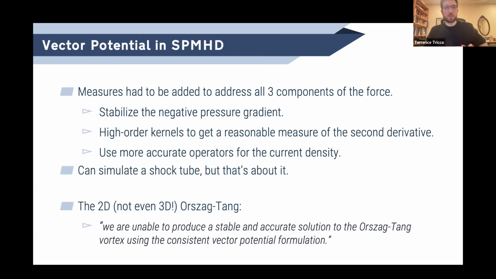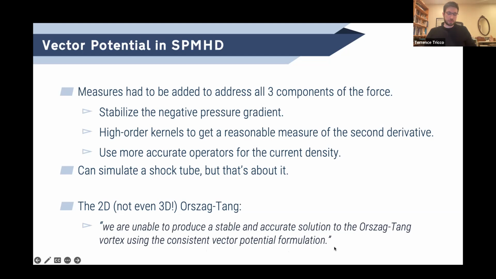So in order to make any headway, Daniel had to address all 3 components of the force. He had to stabilize the negative pressure gradient, had to use high order kernels to get a reasonable measure of the second derivative, had to use more accurate operators for the current density. He could simulate a shock tube, but that's about it. The 2D, not even 3D Orszag-Tang vortex, we are unable to produce a stable and accurate solution using a consistent vector potential formulation.